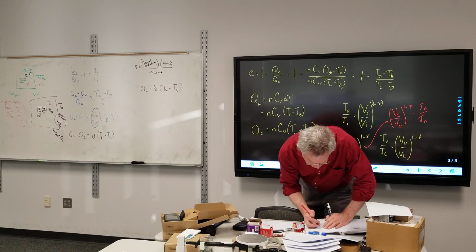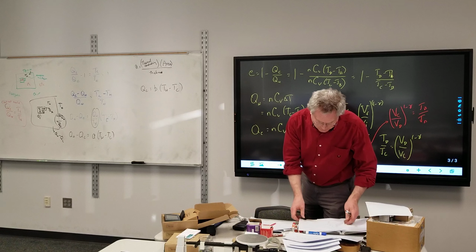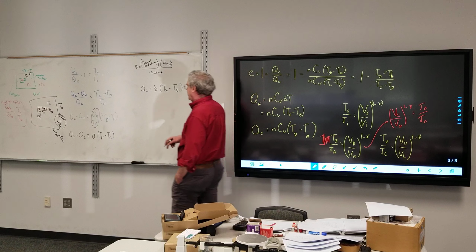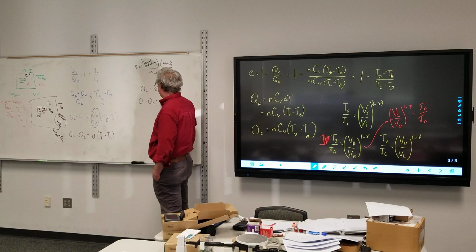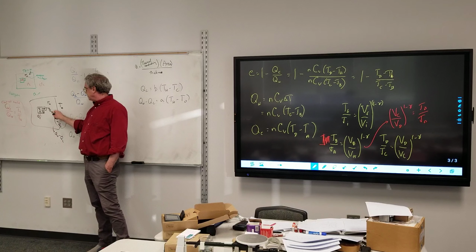Misprint right here. So employing that for the situation at the tent surface, I have QH minus QC is equal to A times TH minus T0. So basically using this equation, just applying it at that interface.